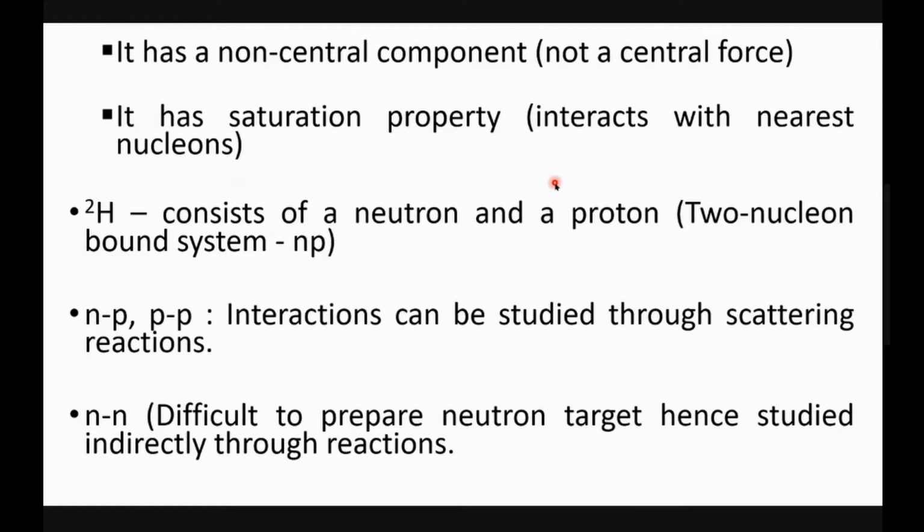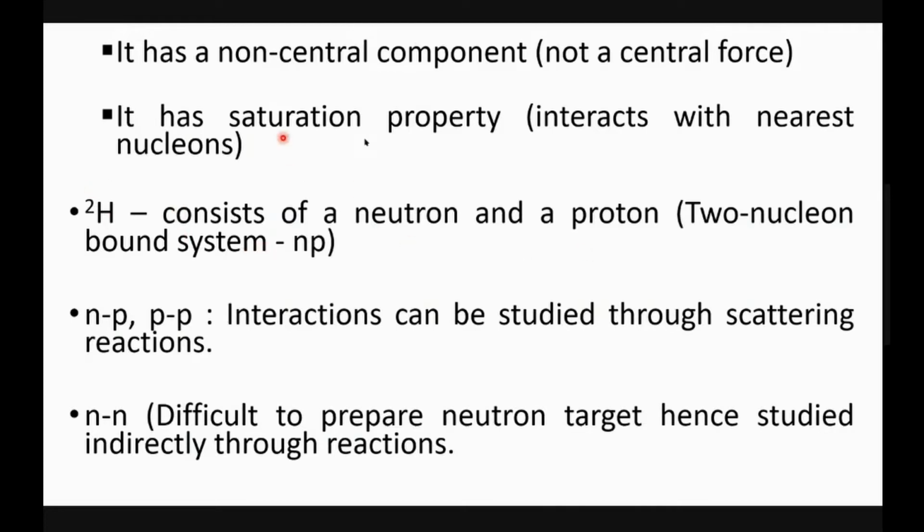If you are interested in nucleon interaction, there are three possibilities, as we have mentioned earlier. One is a bound system consisting of a single neutron and a single proton. In nature, we have the deuteron nucleus as a bound system containing a neutron and a proton.